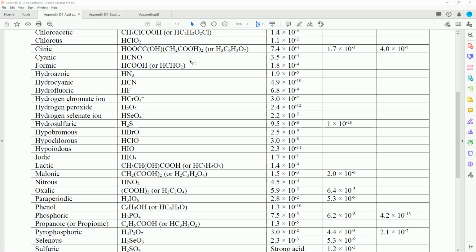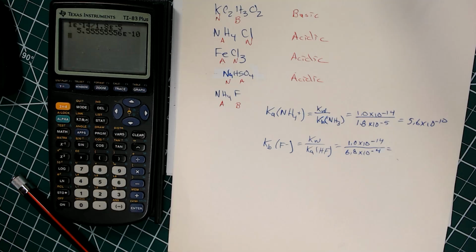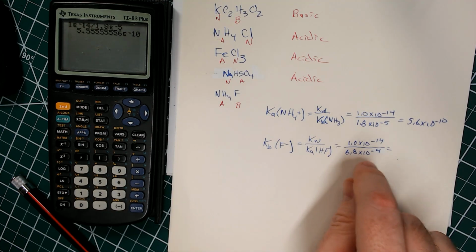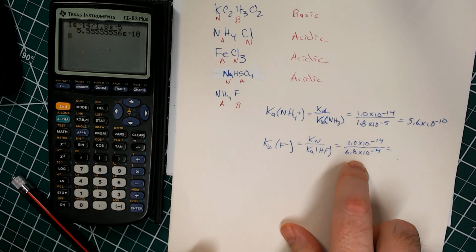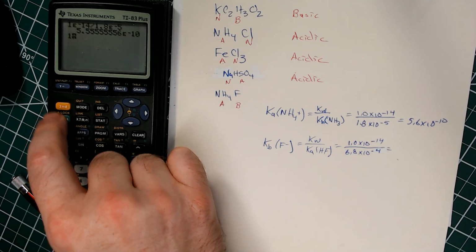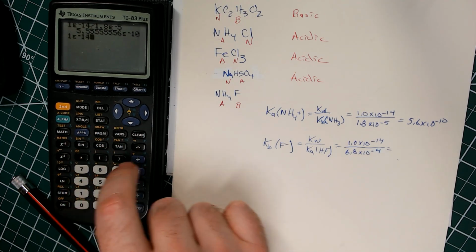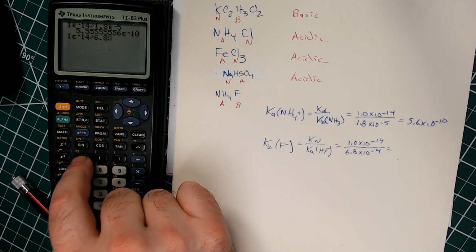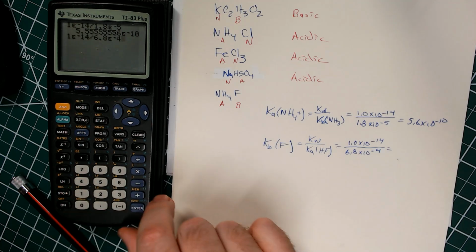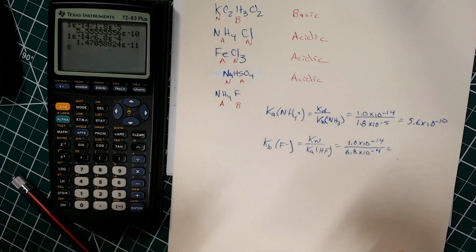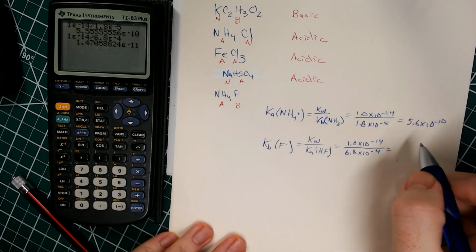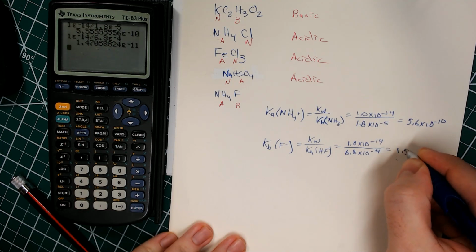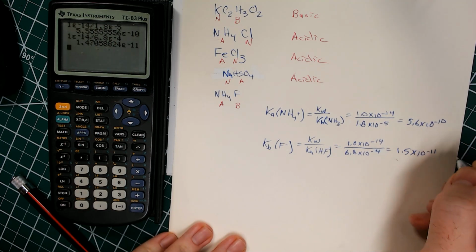Okay, so let's go back to my document camera here. We'll do 1 times 10 to the negative 14, and then we'll divide that by 6.8 times 10 to the negative 4. And we'll see that gives us 1.5 times 10 to the negative 11.